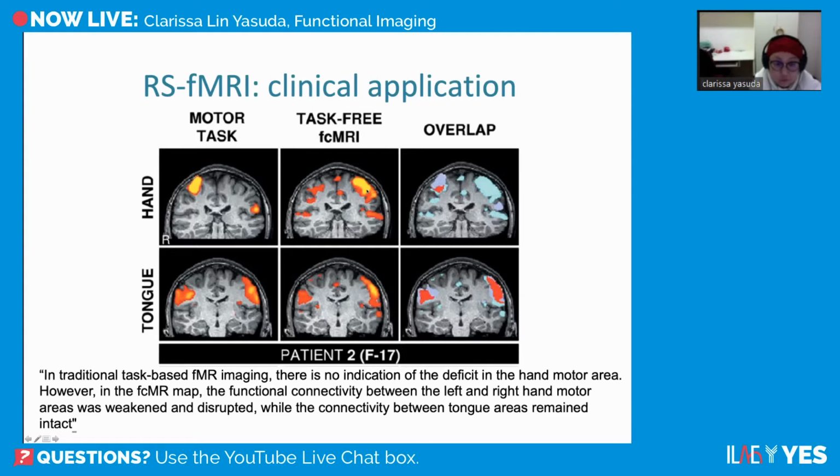However, if you look at the functional connectivity map of the motor cortex, it shows a difference between the two sides, suggesting a deficit in this area where the lesion is in the hemisphere, but not for the tongue. So for the tongue, both task and task-free analysis were very similar, okay? So it was interesting that the functional connectivity without task showed a deficit of activation in the area.